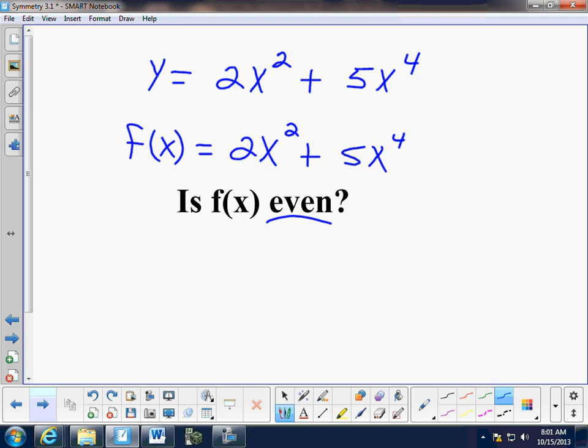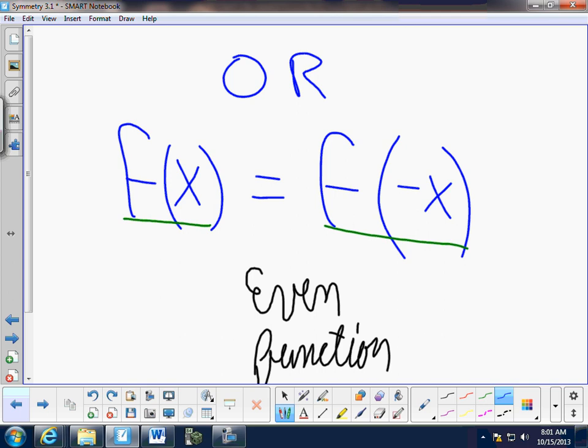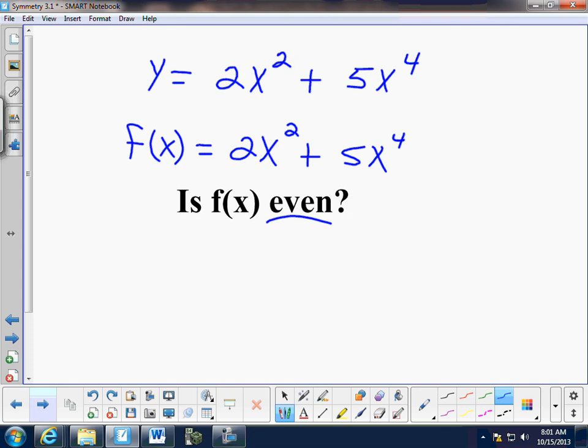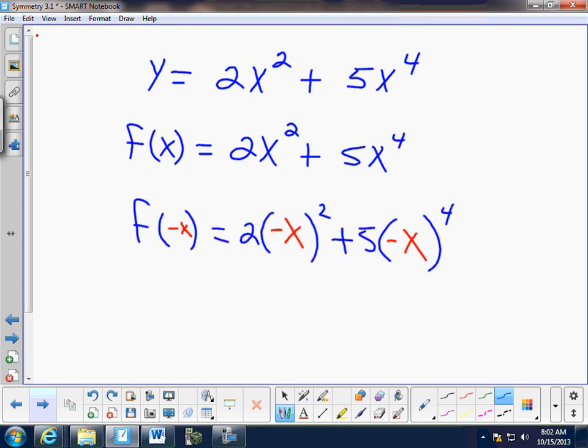So what we just had was, if it's an even function, these two things should be equal to each other. So I'm going to find those two things. Well, I already got f of x. What I now need to find is f of negative x.